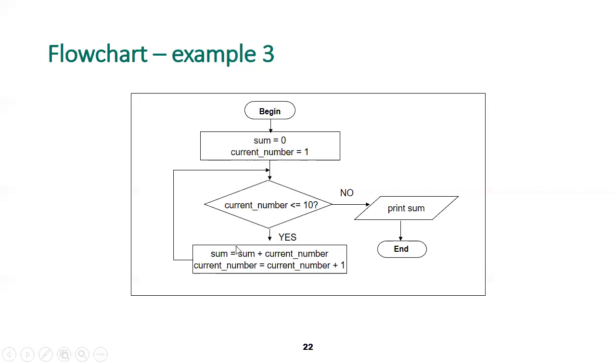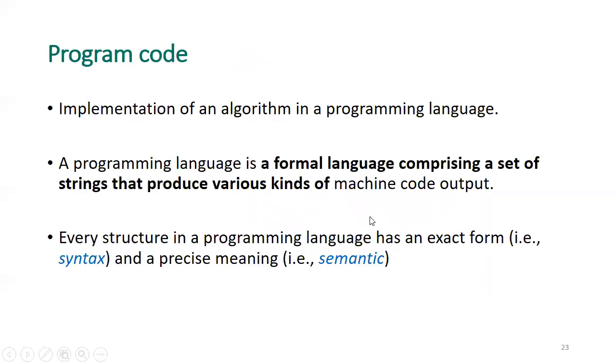It's missing one step, which would be some kind of input. But the cool thing here is we add 1 to the number. We start off with a number of 1, and we go through here, adding 1 every time until we get to 10. And then we print the sum. That's kind of cool.